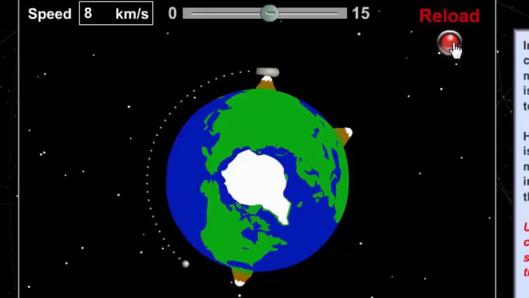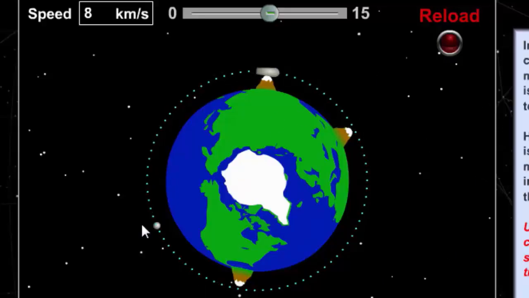Now the cannonball is falling toward the earth, but is falling in an orbit, meaning while it's falling toward the earth, its sideways velocity overcomes the curvature of the earth, which keeps it in a constant orbit.